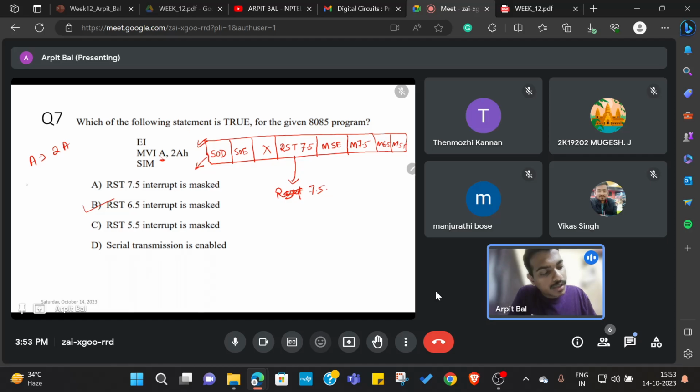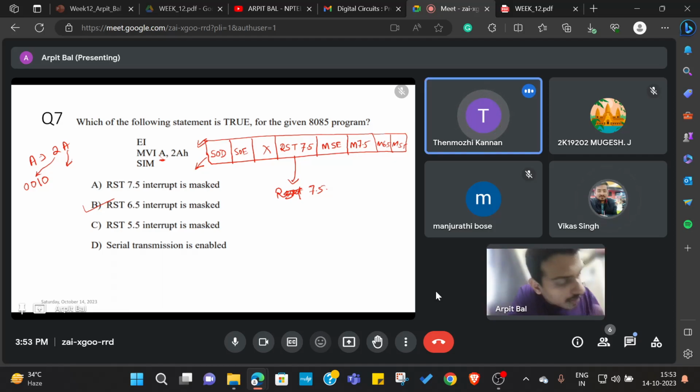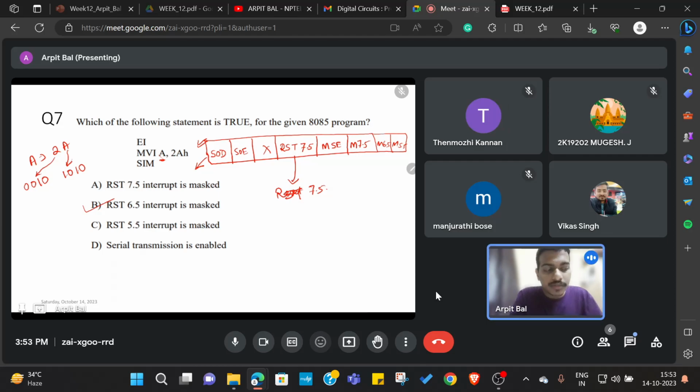So 2A means 0 0 1 0, and A is, can anyone tell me what is A? 1010. So it is 1010.